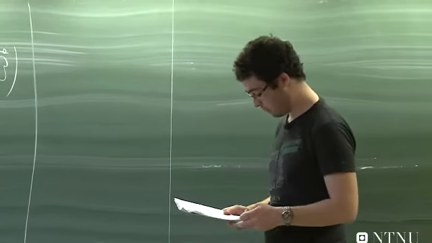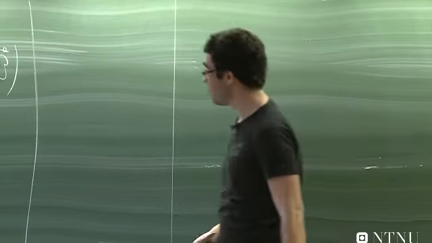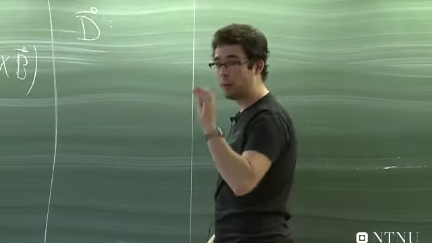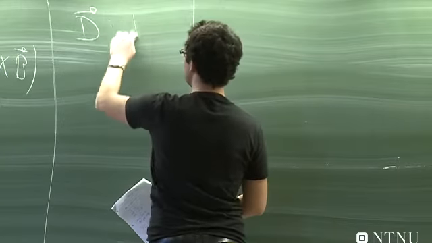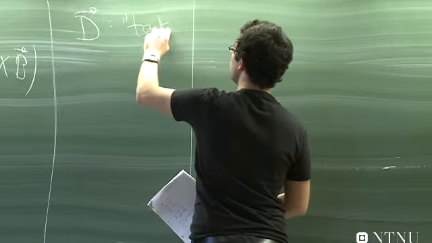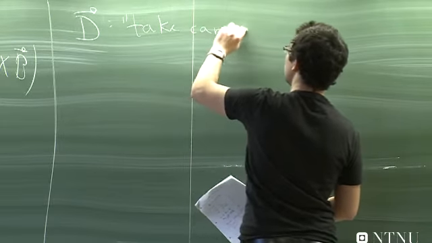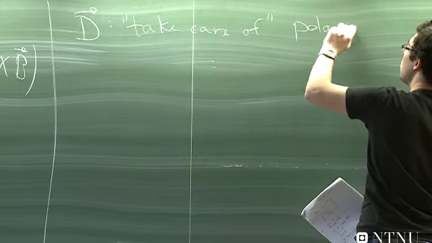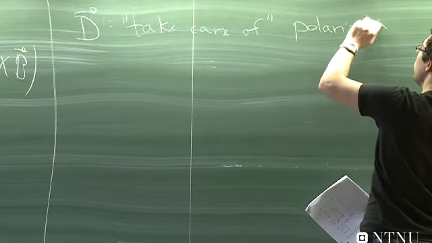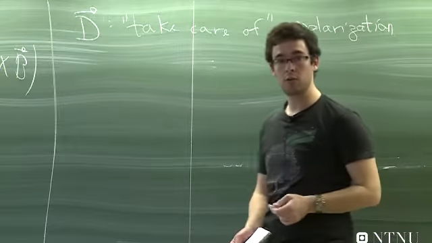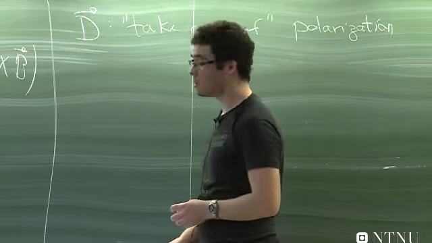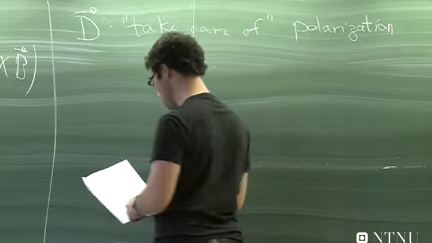Okay, so the point of the D field was to automatically take care of polarization. Recall that D is equal to epsilon naught E plus P, the polarization.